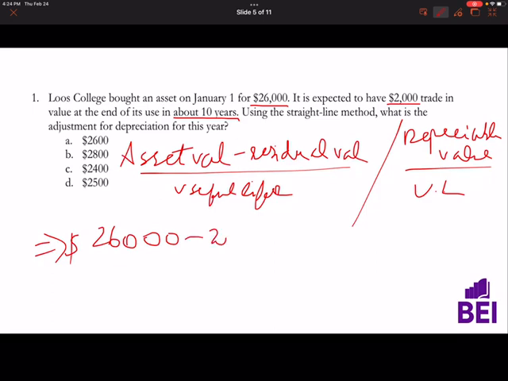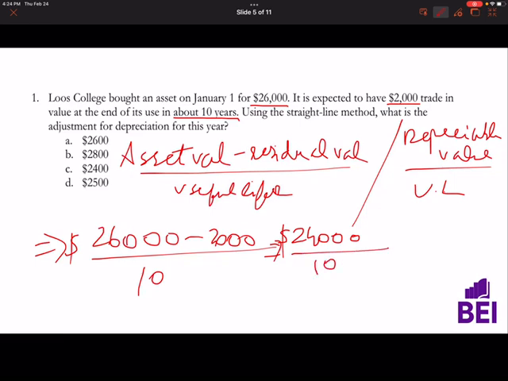Okay. Let's now substitute the numbers inside. $26,000, which is the asset value, minus $2,000, which is the trade-in value, divided by 10 years of useful life. 26,000 minus 2,000 is going to give us $24,000, my bad. Divided by 10 years of useful life. And this is going to cancel out to give us $2,400, which is the depreciation for 1 year.